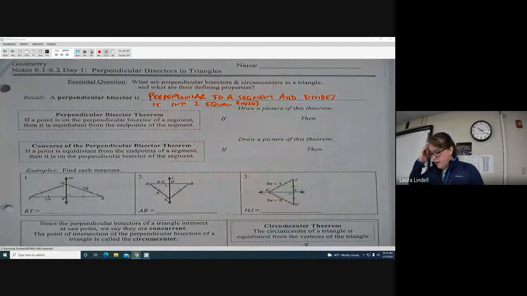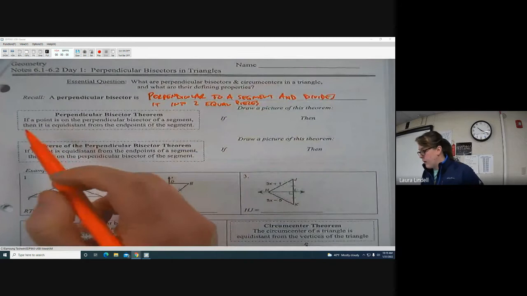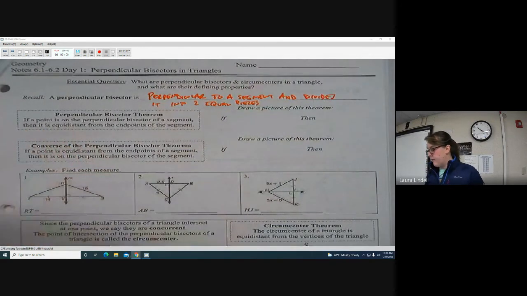Okay. So the perpendicular bisector theorem is listed right here. It says if a point is on the perpendicular bisector of a segment, then it is equidistant from the endpoints of the segment. So we're going to unpack that a little bit with a picture.